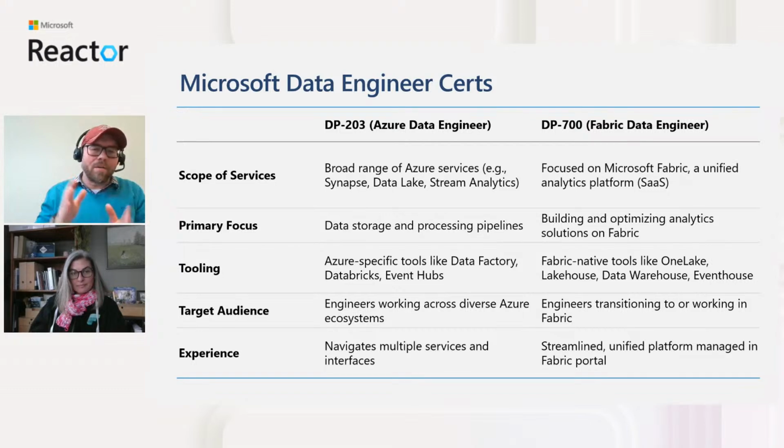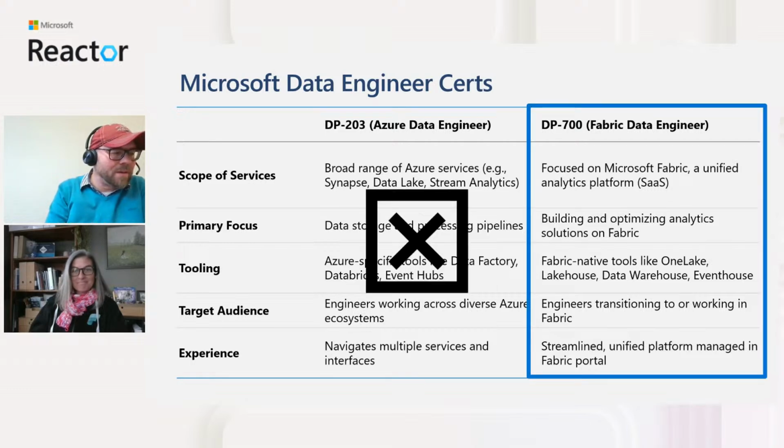So if you already prepared for the DP-203, or have already taken it, then the step to the DP-700 might not be so big. And there is another thing we have to tell as well: the DP-203 is deprecated, right? It will be retired at the end of March.